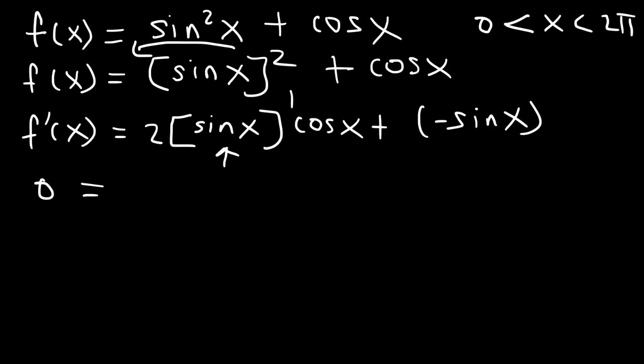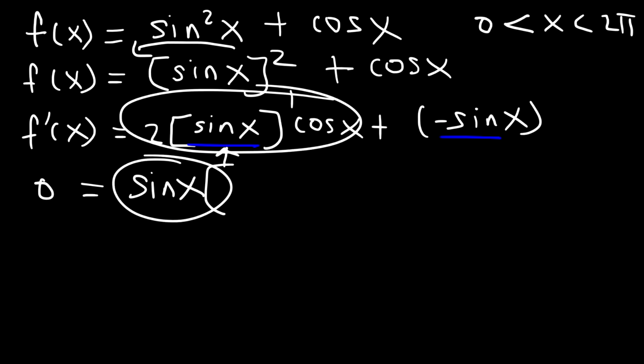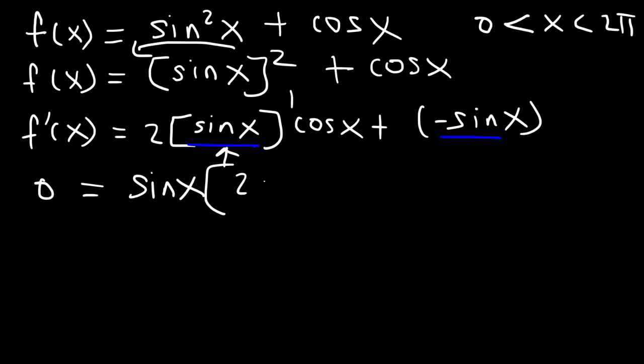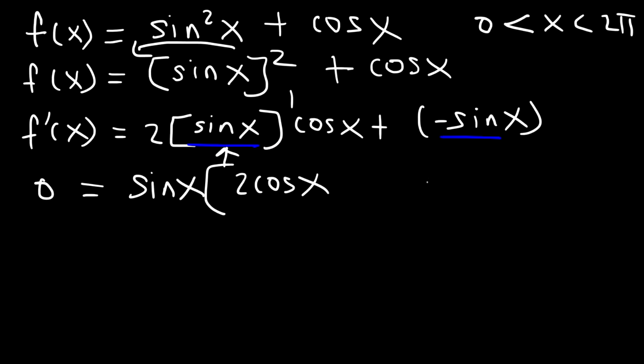Now let's set the first derivative equal to 0. And we need to factor the GCF, which is sine. So if we take out sine x, this term divided by that one, the signs will cancel, leaving behind 2 cosine x. And if we take negative sine divided by positive sine, that will give us negative 1.